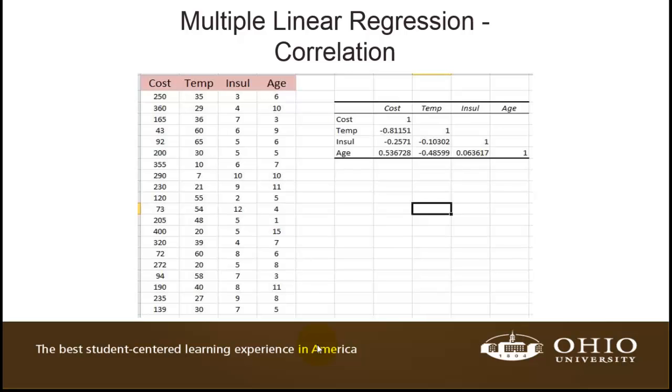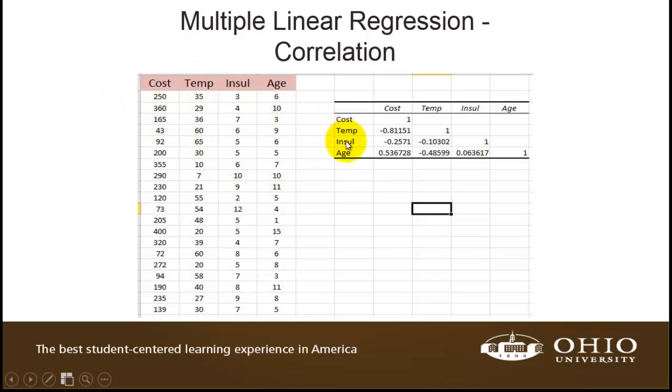If we run the correlation analysis on this data, we can see that the relationship between cost and temperature is an inverse relationship, which makes sense. What that tells us is as the temperature goes down, heating cost goes up.